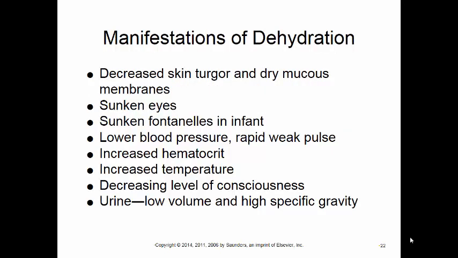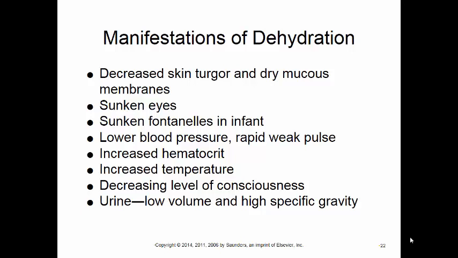Some manifestations of dehydration. Again, manifestations are things that we can see. Decreased skin turgor, dry mucous membranes, sunken eyes, sunken fontanelles in infants, which is the soft spot, rapid low blood pressure. Less water means less blood, which means less blood pressure.